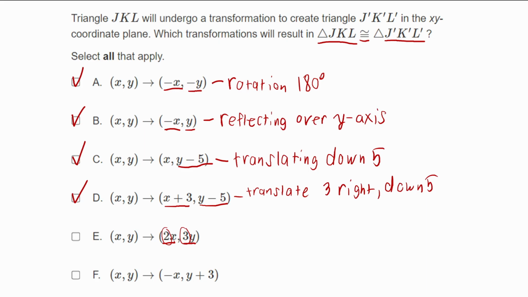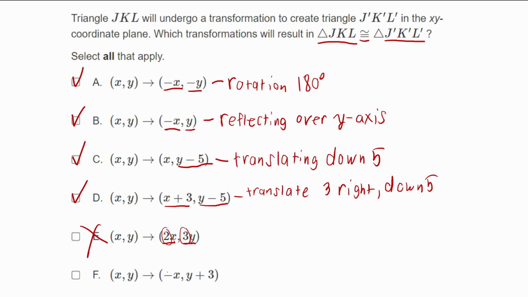What do I mean? 6 times 1 is 6. 6 times negative 1 is still, there's still a 6 there. It's a negative 6, but it's still a 6, right? So that doesn't change the shape and size. It might just change where it is. When we have something that multiplies by 2 and 3, this changes the size. So this will not give us congruent triangles.